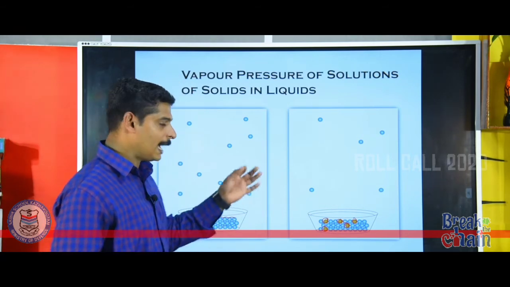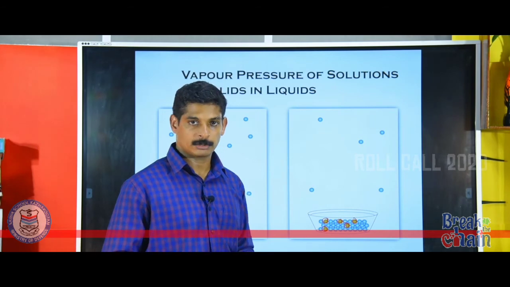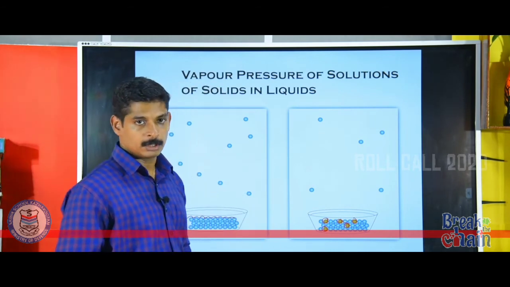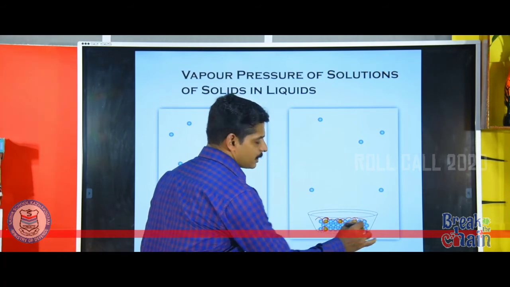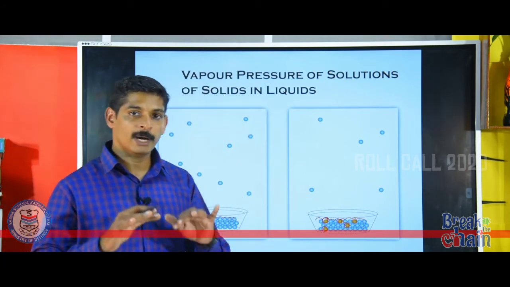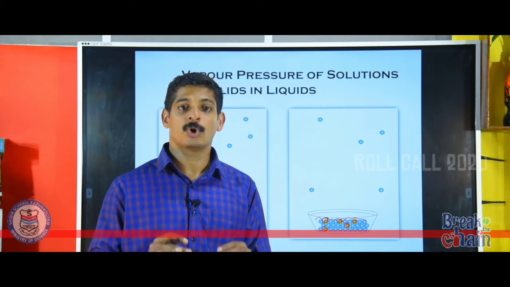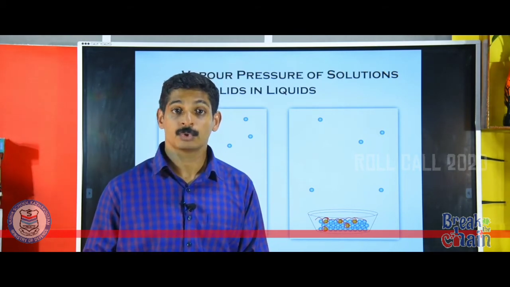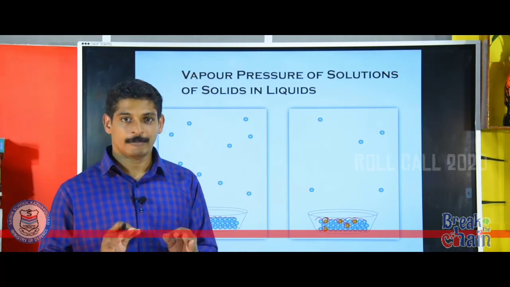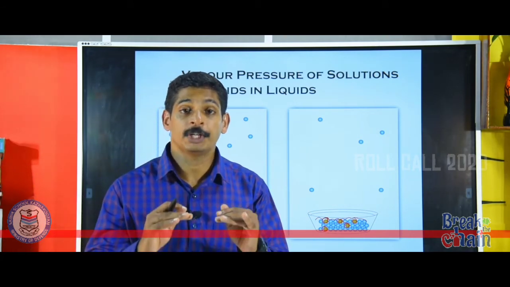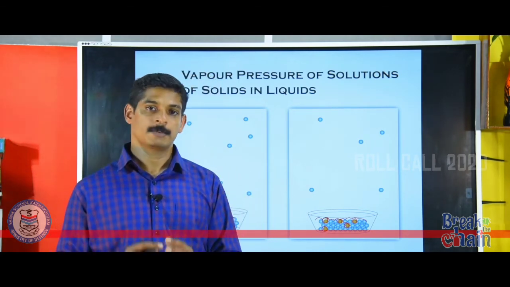But once I add a solute into the solvent, it forms a solution, and some of the surface gets occupied by the molecules of solute, which is non-volatile. So this in effect decreases the effective surface area from which the evaporation takes place.